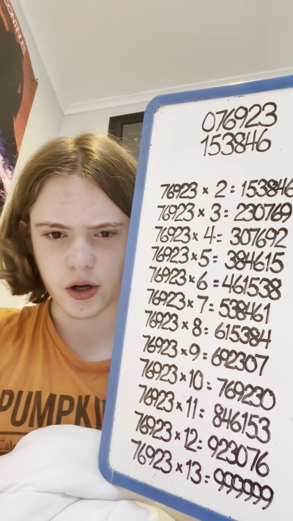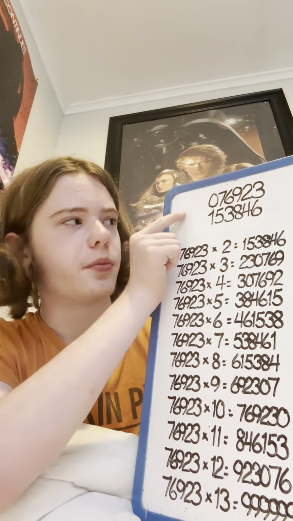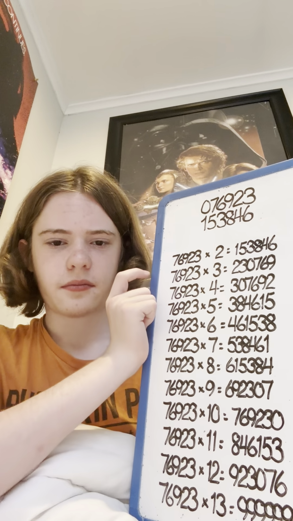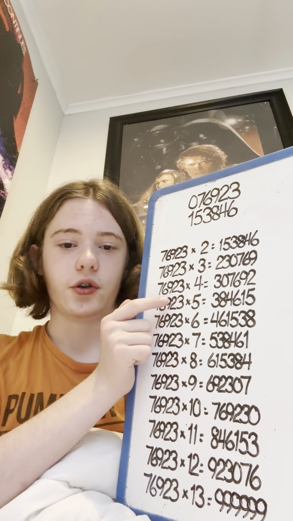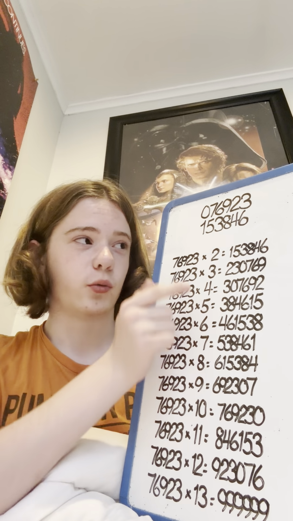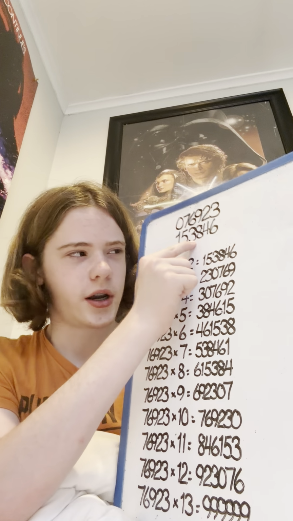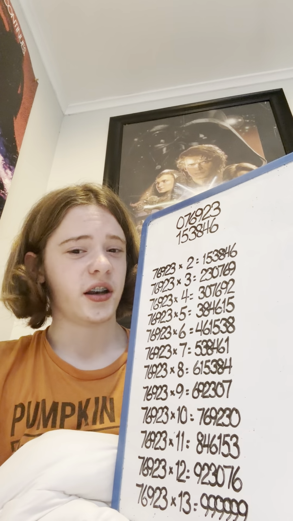Depending on what number you're multiplying it by, it can cycle from a digit of this number up top, or this number. In which case, multiplying by 5 gives you 384615, and it is a rotation of this one right here, 384615. You see it now?